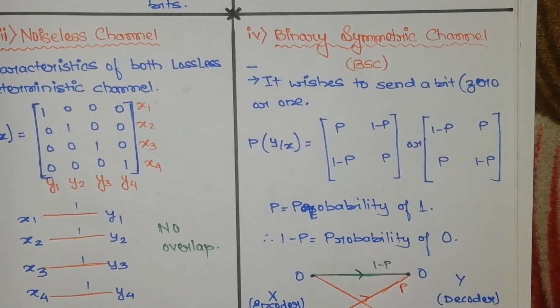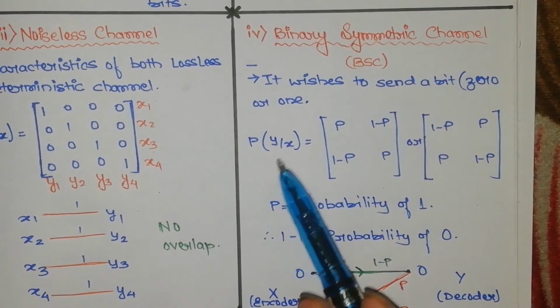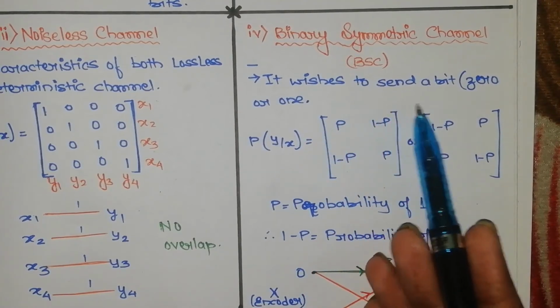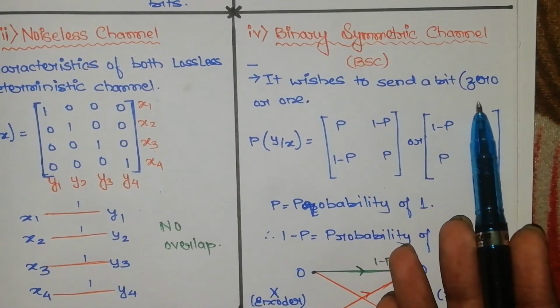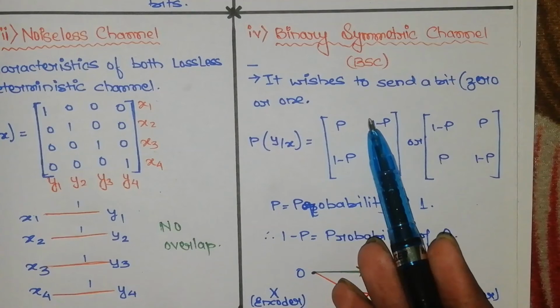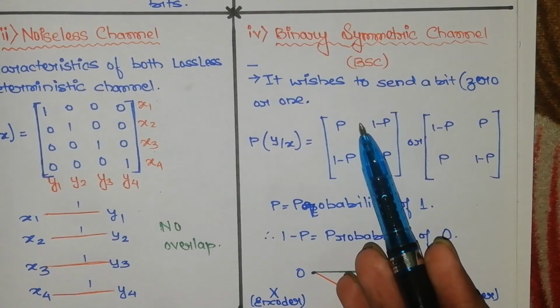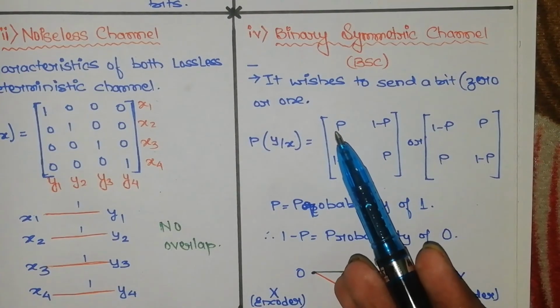The last type of channel is the binary symmetric channel, or the BSC. This channel is of wide application as it is very simple to implement. Generally people use this kind of channel, the BSC. It wishes to send only one bit. It can be either 0 or 1. That is why it is very simple. It will transmit or receive one bit at a time.